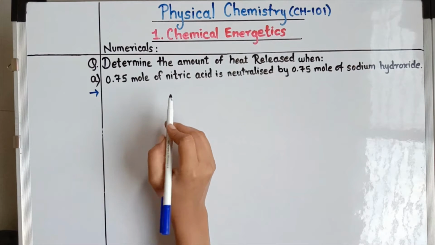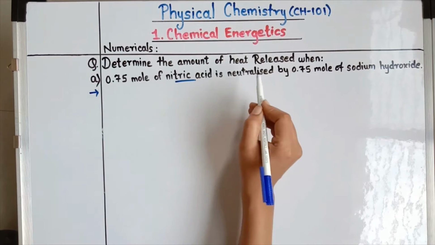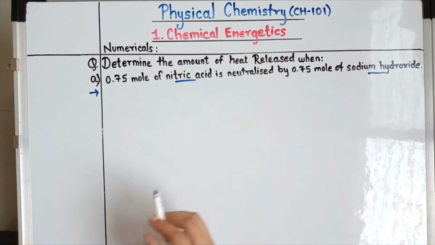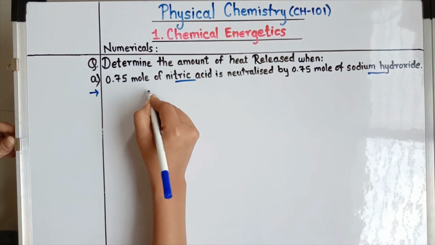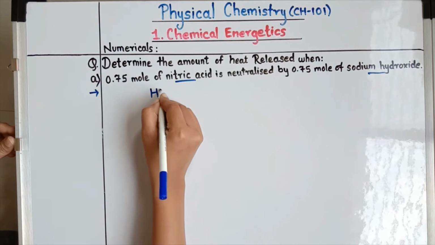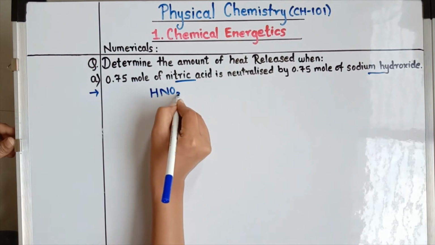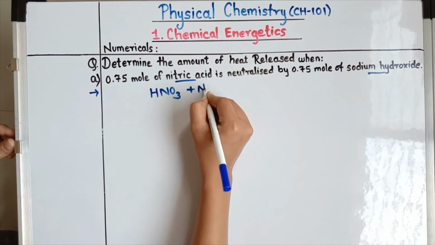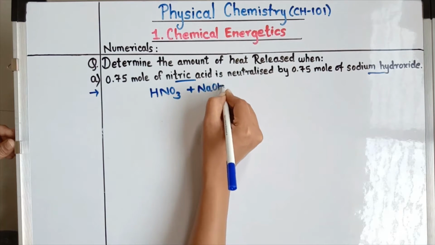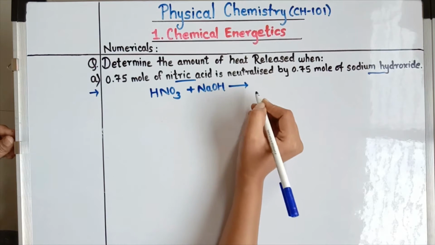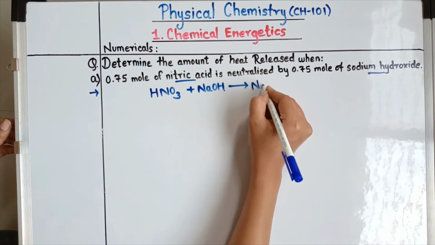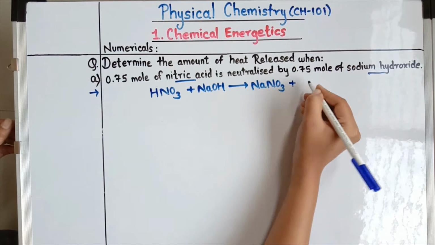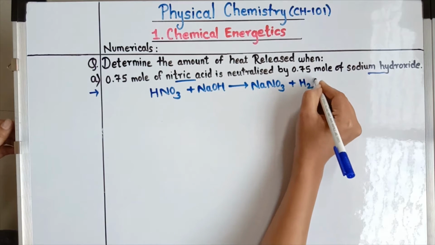First we will write the reaction. What is given? The neutralization reaction between nitric acid and sodium hydroxide. So HNO3 plus NaOH react with each other to form NaNO3 plus H2O.